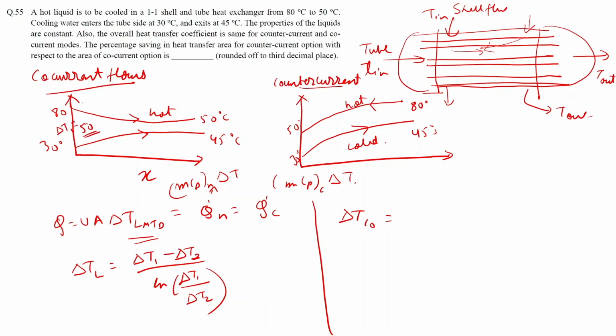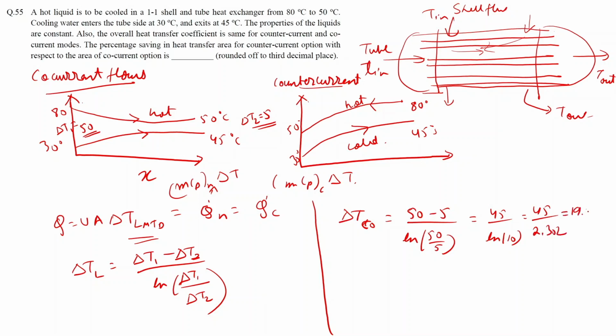Delta T2 will become 5. So we can write this log mean temperature difference for co-current flow as 50 minus 5 on ln of 50 by 5. This we can write as 45 upon ln of 10, which is 2.302, and this will become 19.54 degrees Celsius.